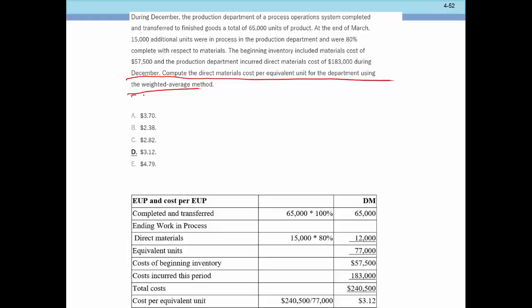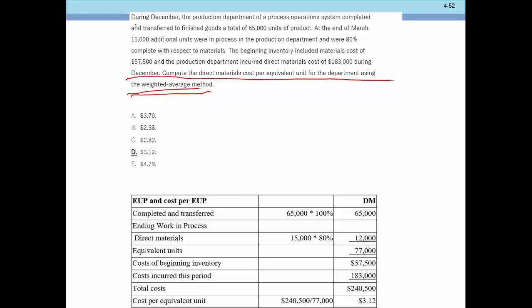I thought this was the one for conversion costs this time. That's what I thought. Well, this is direct materials again, but I think I gave you the answer for the conversion cost? Or is this a different problem? Okay. Yeah, this is a different problem.